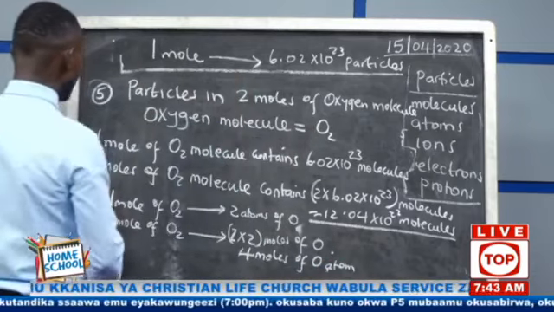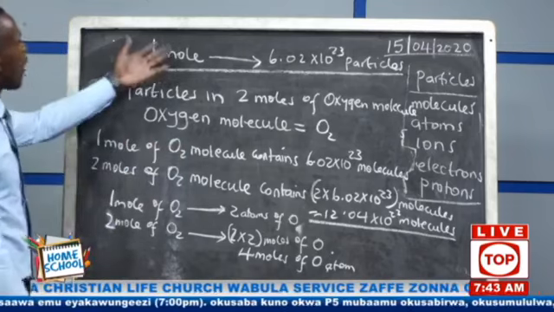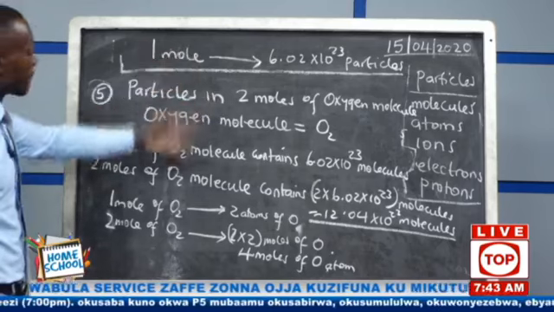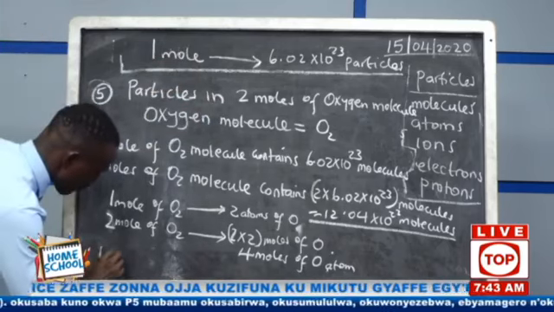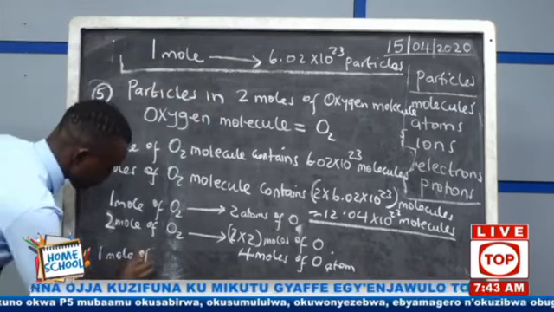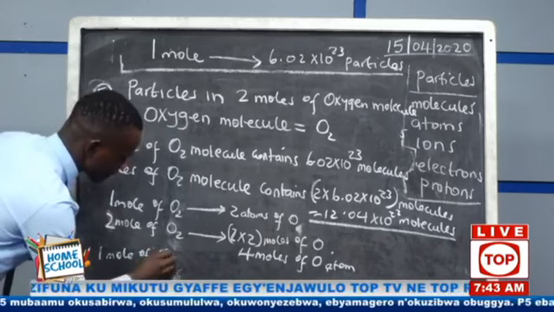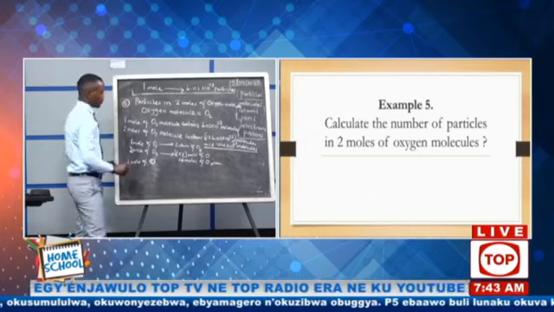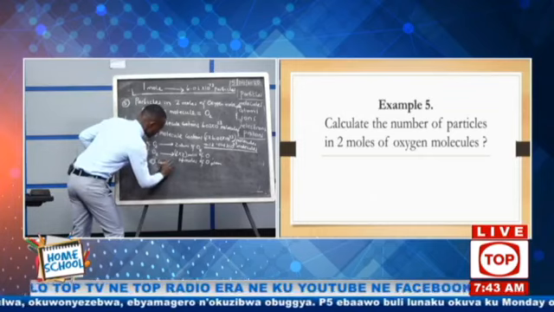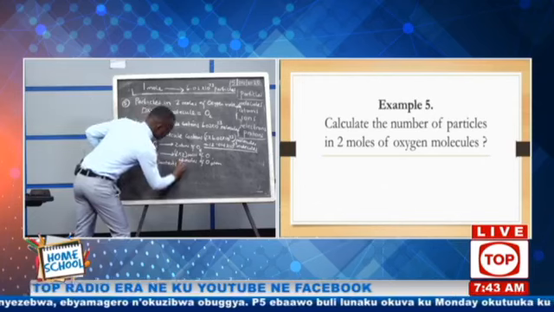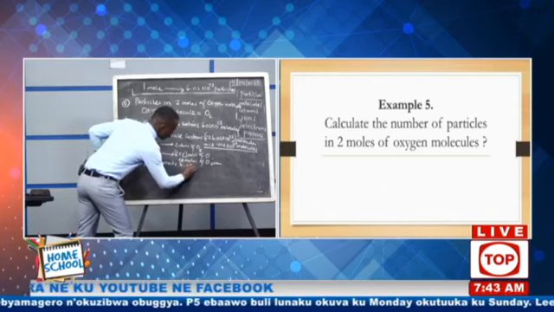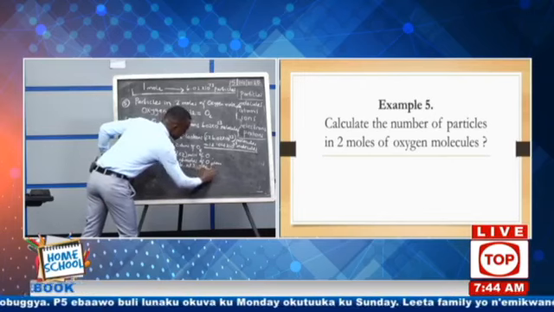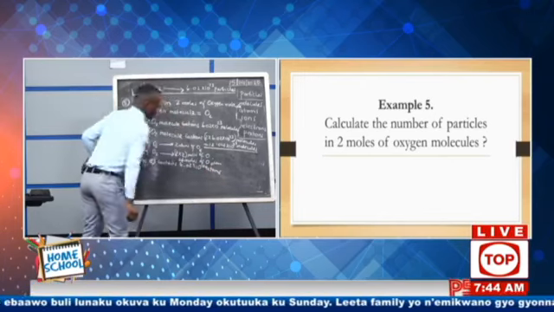okay, we shall now go back to our principle. 1 mole contains 6.02 times 10 power 23 particles. We say 1 mole of oxygen contains 6.02 times 10 power 23 atoms.